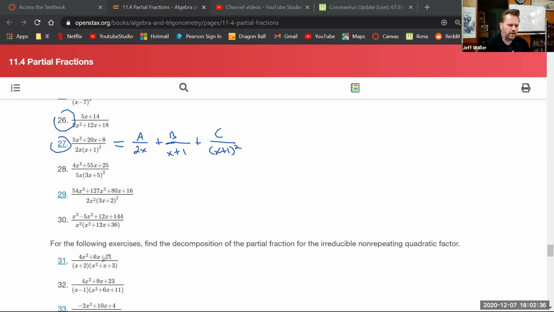Now see real quick on a problem like this down here, C31, it would be A over x plus 2 plus what goes on top of x squared plus x plus 3? Bx plus C. Yeah, so the top has always got to be 1 degree less than the bottom. And you might say, well, that's the second degree. No, that's 2 first degrees. So it really is a first degree part.